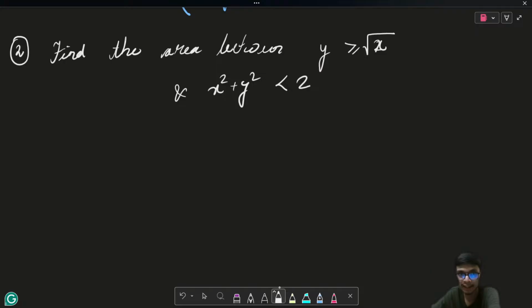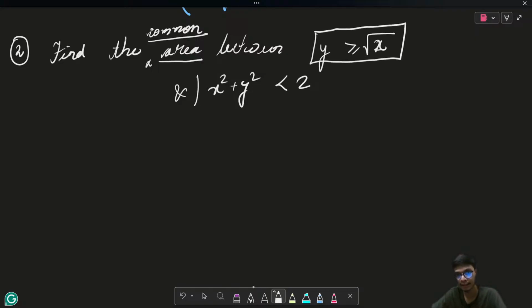You have to find the common area between the inequality y greater than square root of x and the inequality x square plus y square less than 2.